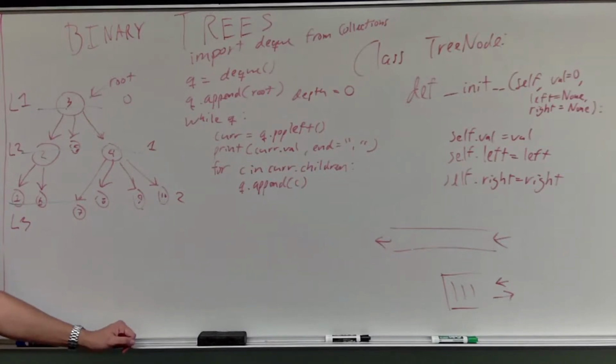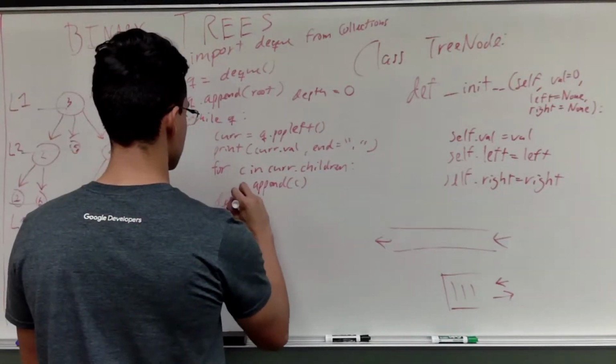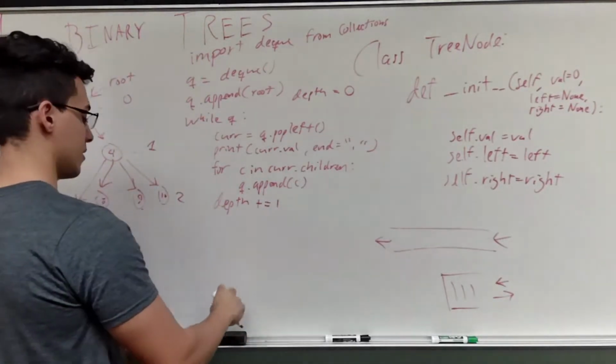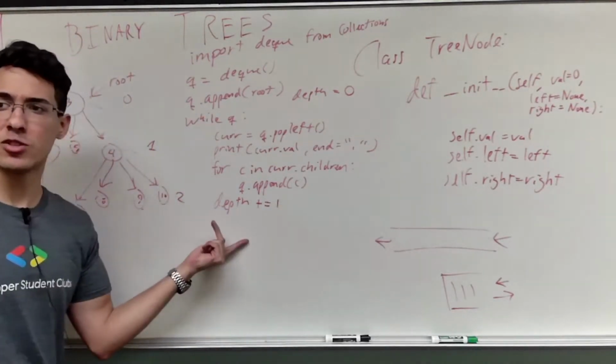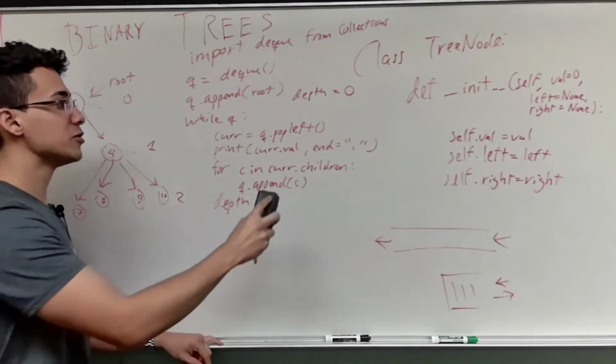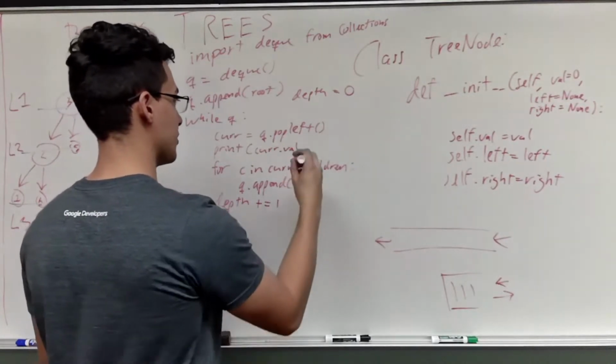Then between the print and the for loop, increment depth, or after the for loop. So I'm just gonna do this. Actually, no, this doesn't work. Do the tuple. I don't know why you didn't do the tuple. I'll just print them together.